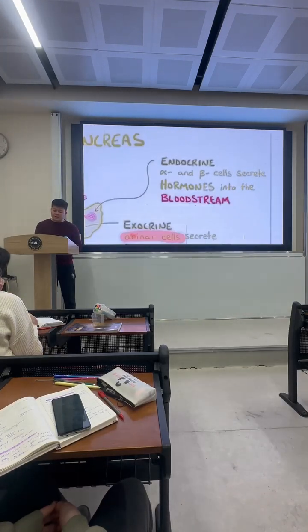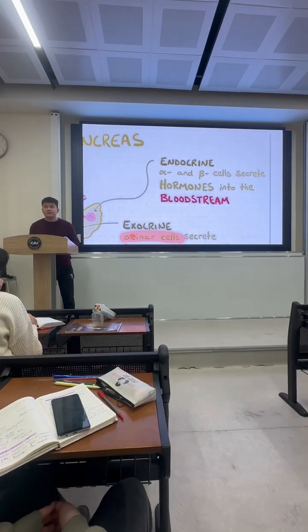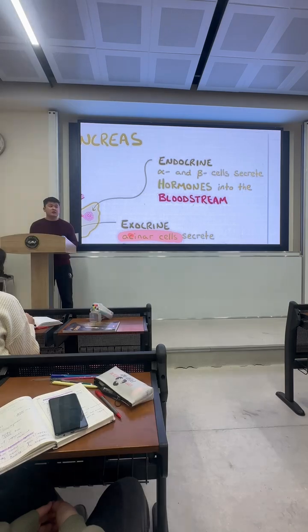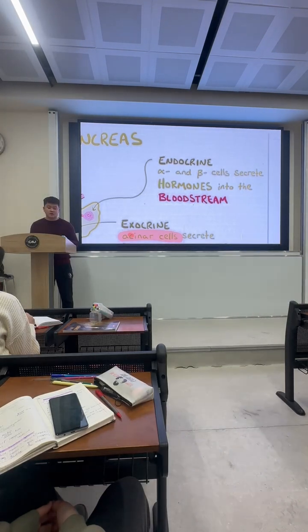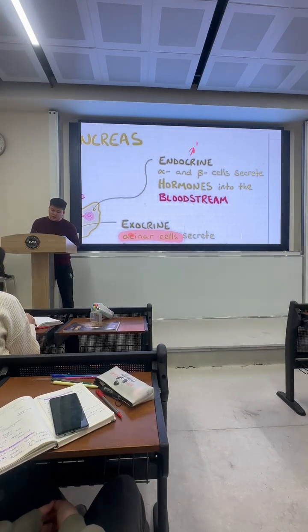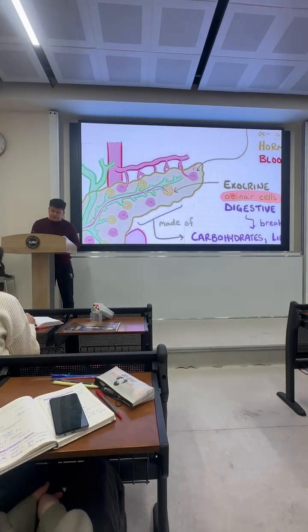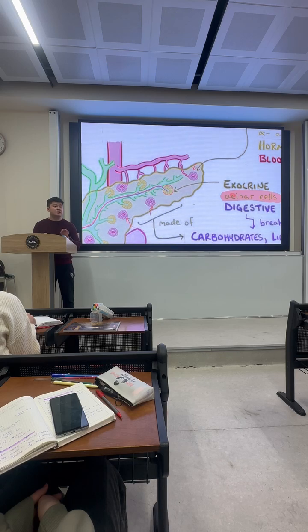And also we have the endocrine secretions of the pancreas. Endocrine means hormones. Which cells? You can see here the pink cells, and those pink cells do not have ducts. They are not opening to the small intestine.